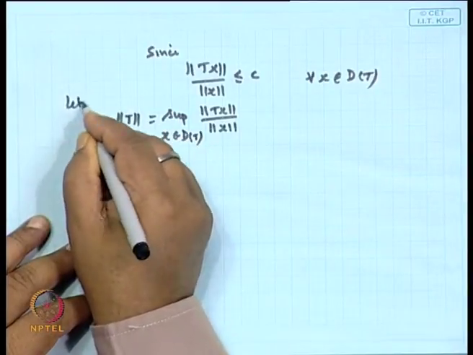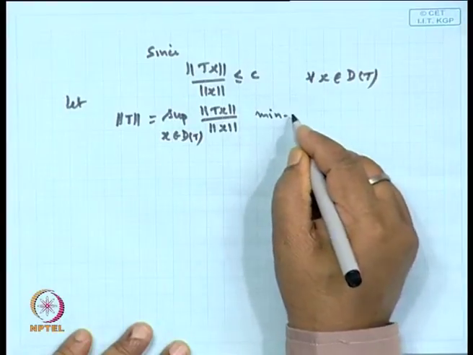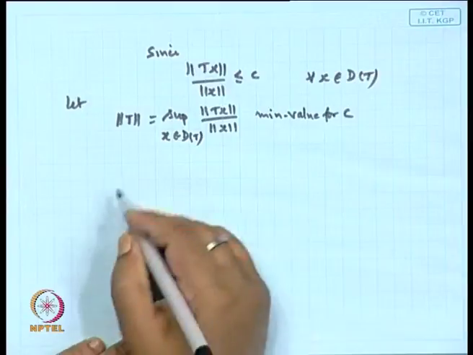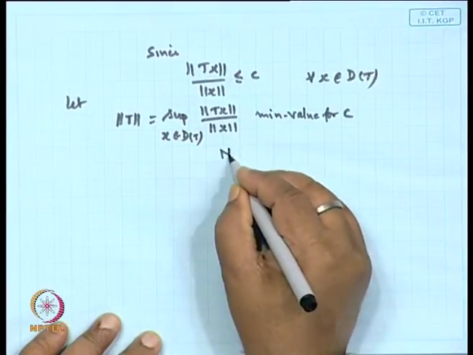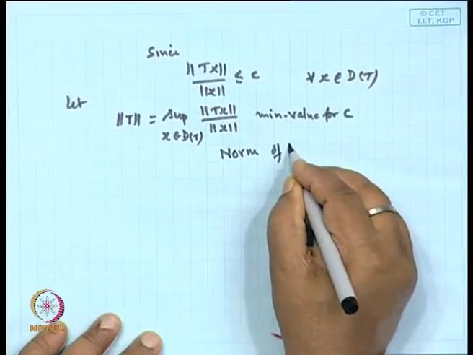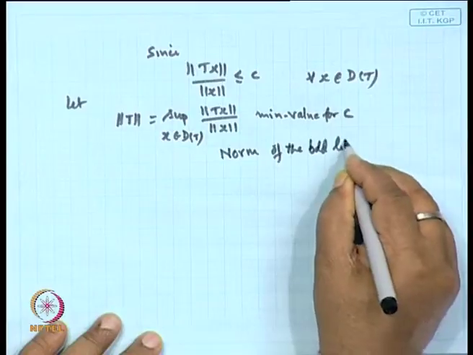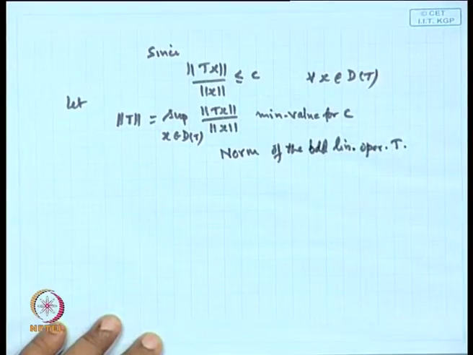So let the norm of T be this, which is the minimum value for C. This minimum value of C we call the norm of the bounded linear operator T. Clear?